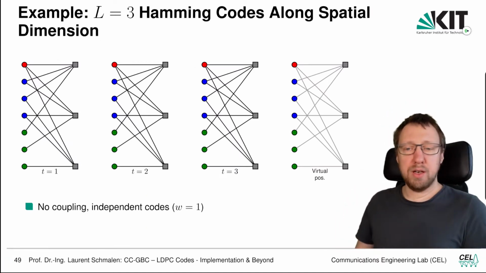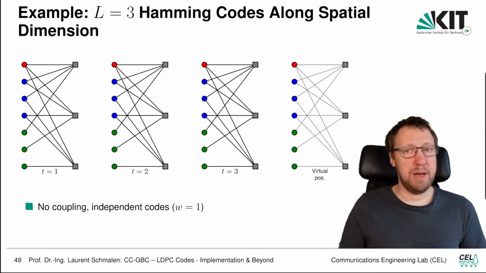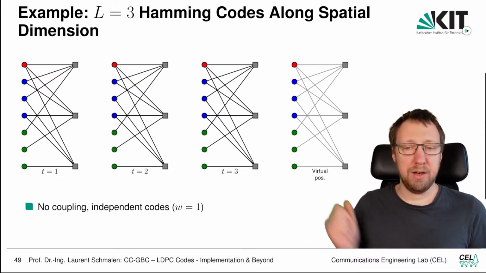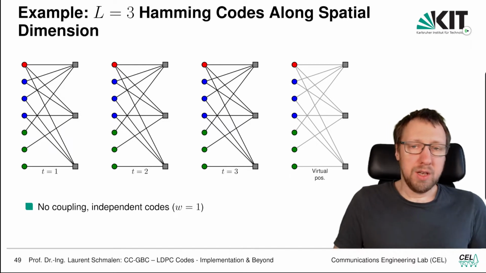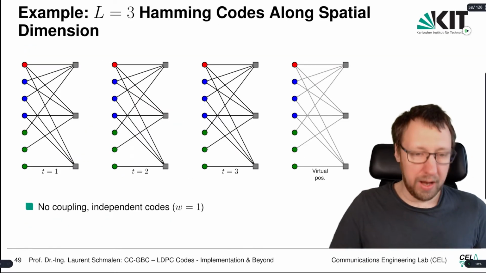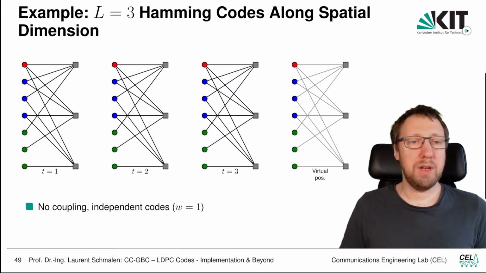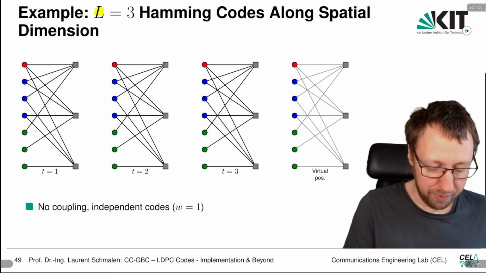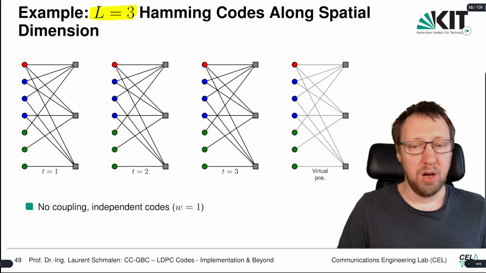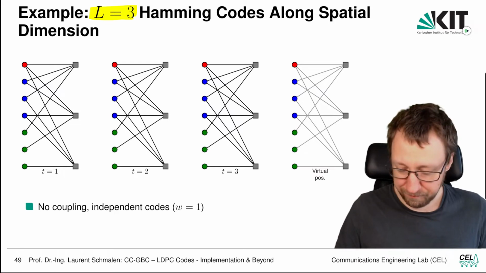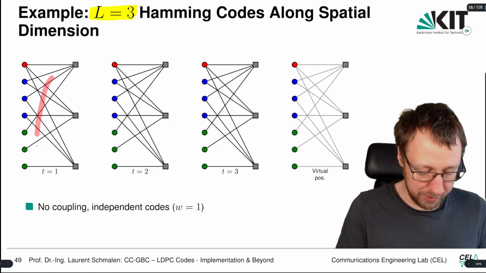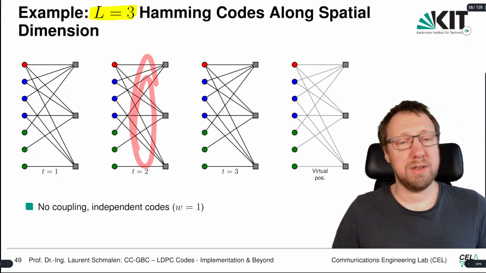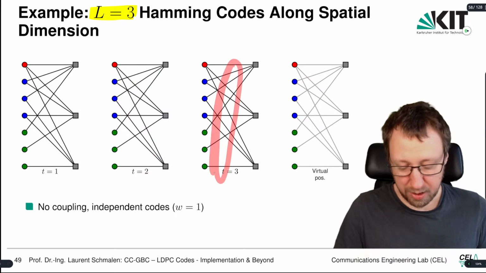So now we look at how we can construct a spatially coupled code, and we're looking at the example of the Hamming code. What we do is we put some Hamming codes along a spatial dimension. Here we have 3 Hamming codes: the first at t equals 1, the second at t equals 2, and the third at t equals 3.